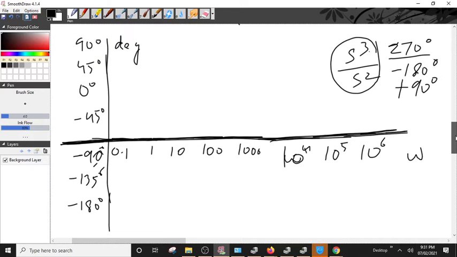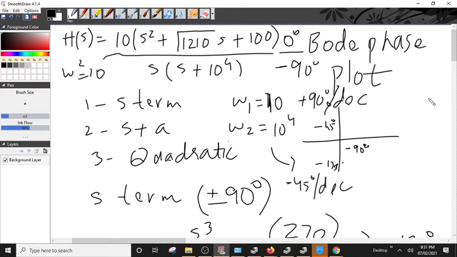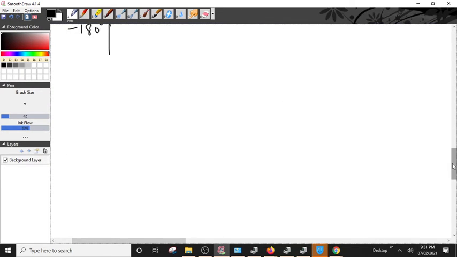Now the second break frequency is omega 1 equals 10, whose multiplicity is 2. So we just have to first find, okay, omega equals 10, so we have to find the previous decade, the start point and the end point.